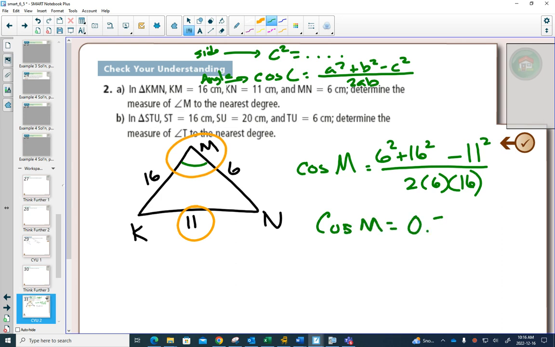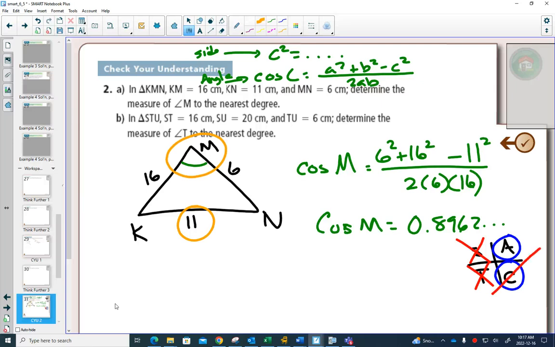So we get cos M equals positive 0.890625. According to your CAST rule, cos is positive, so it's either in quadrant 1 or quadrant 4, not in 2 and 3. Based on the situation, because we have an actual triangle, can you see that quadrant 4 will not be possible?